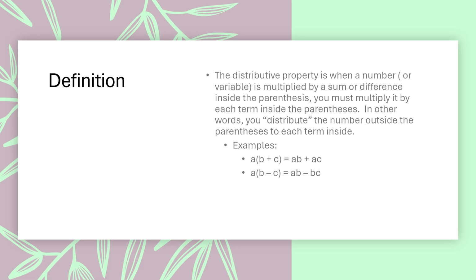A times parentheses B minus C is equal to AB minus AC. 3 times parentheses X plus 4 is equal to 3 times X plus 3 times 4, which is 3X plus 12. 5 times parentheses 2x minus 3y plus 4z is equal to 10x minus 15y plus 20z.